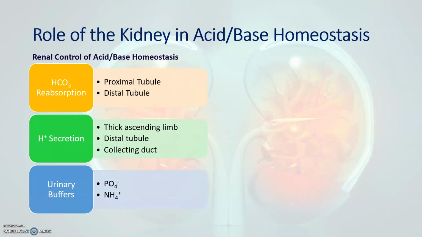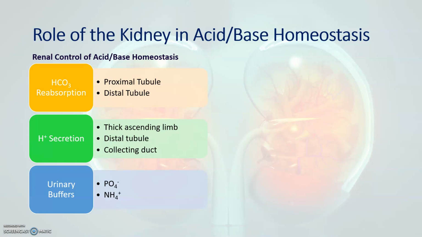One is the phosphate buffer and the other is the ammonia buffer. The phosphate buffer is due to the secretion of phosphate into the renal tubules, which then binds with the hydrogen ions to form the weak acid, phosphoric acid. Similarly, ammonia, NH3, binds with hydrogen ions to form ammonium, NH4, which is also a weak acid.